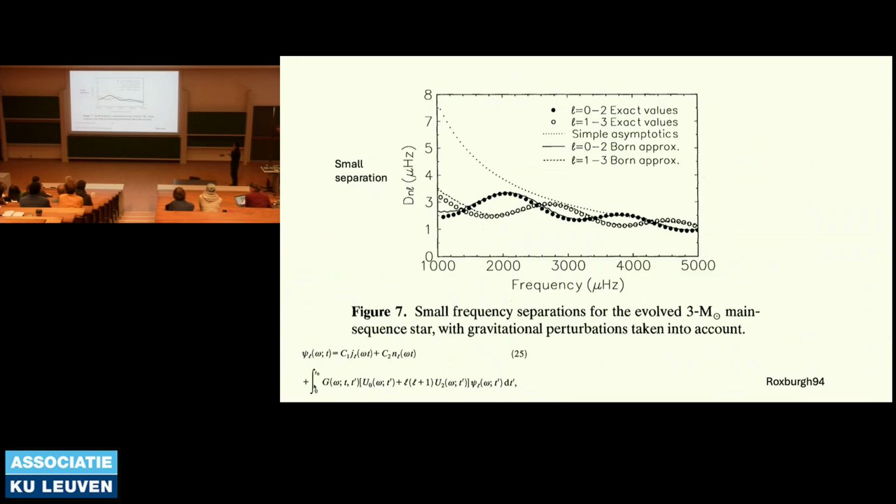In Roxburgh, we use this Born approximation for l equals 0, 2, and also l equals 1, 3. For the two small separations, there is very nice agreement between the Born approximation and the exact numerical values. This is also much better than the normally used asymptotic solution for delta nu 02, which is just the integral of the sound speed gradient.